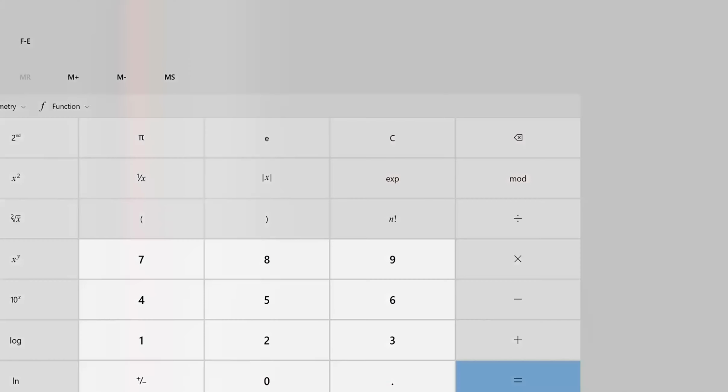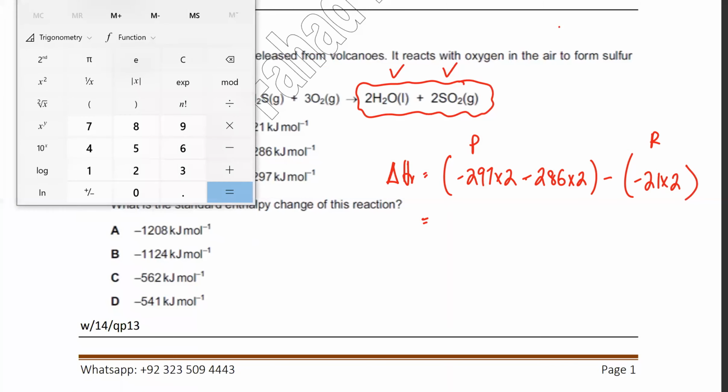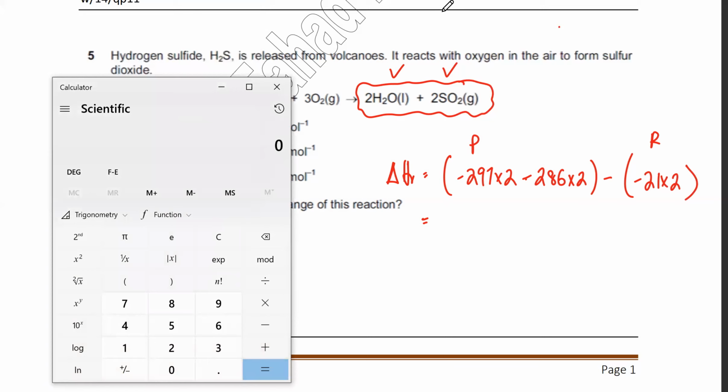Like if I try and solve this, okay, so I'm going to try and solve this. Remember brackets, make sure you put brackets in your calculator. Minus 297 times 2.